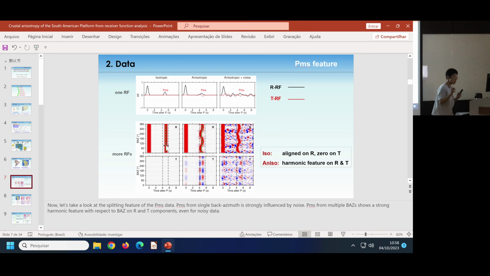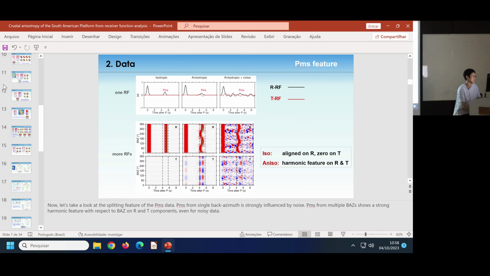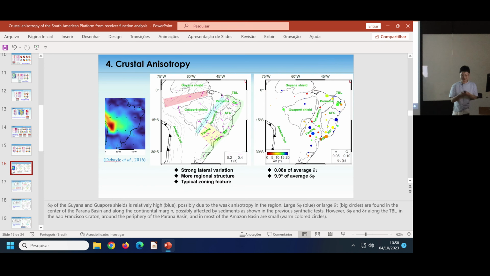My question is, if you compare, for instance, a station close to the Pantanal Basin and another one in the Amazon craton, and then you say that one is weak and another one is strong, how much of this uncertainty from your method influences that analysis? You are right. I will show you this figure. I didn't talk about it, I even had no time to talk about this figure. Yes, here. When we look at the results, we'd better look at here.